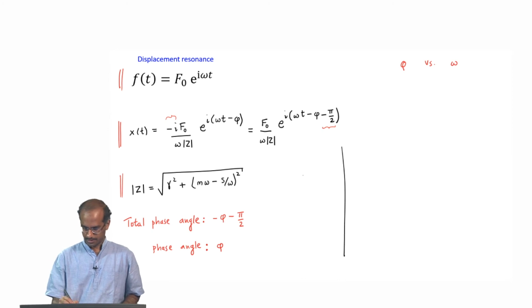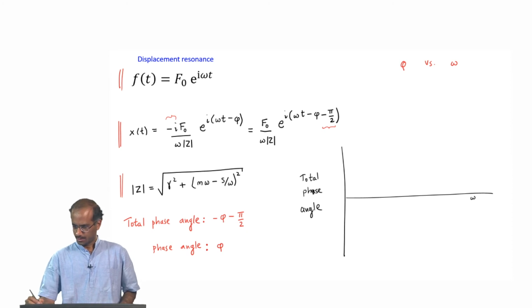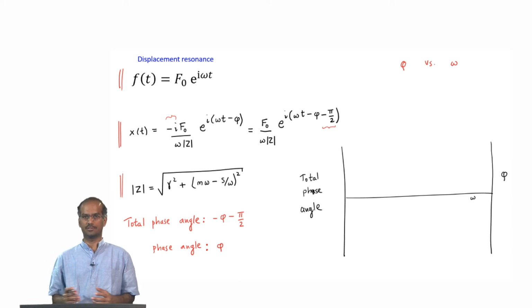Let me write it here, total phase angle. I am going to sketch this as a function of omega on the x axis, and I can also plot phi, just the phase angle, on the right hand side.